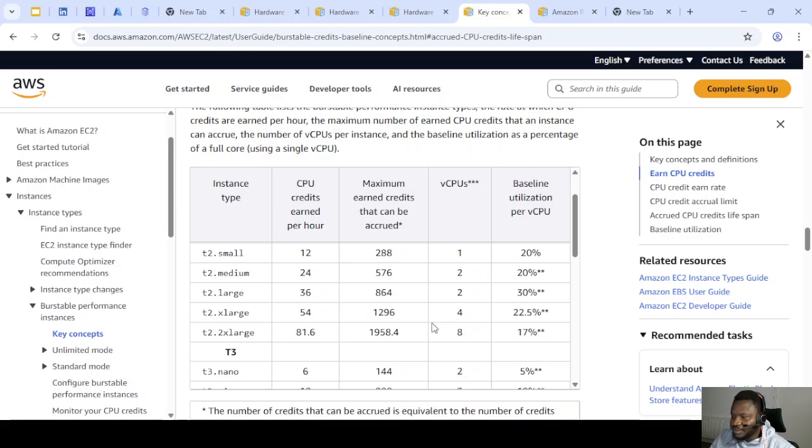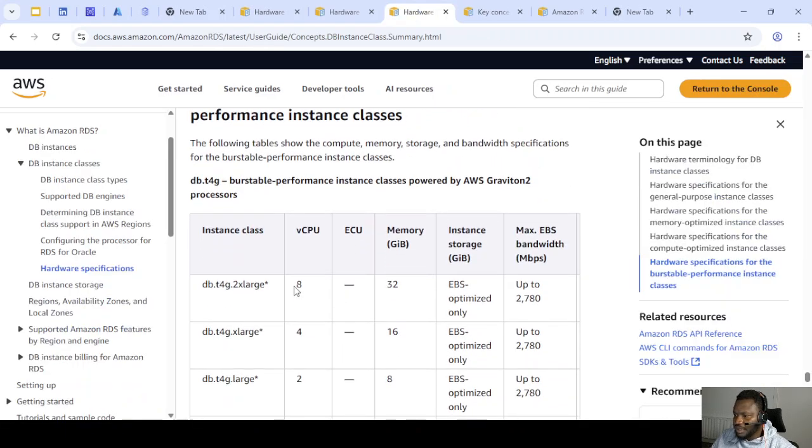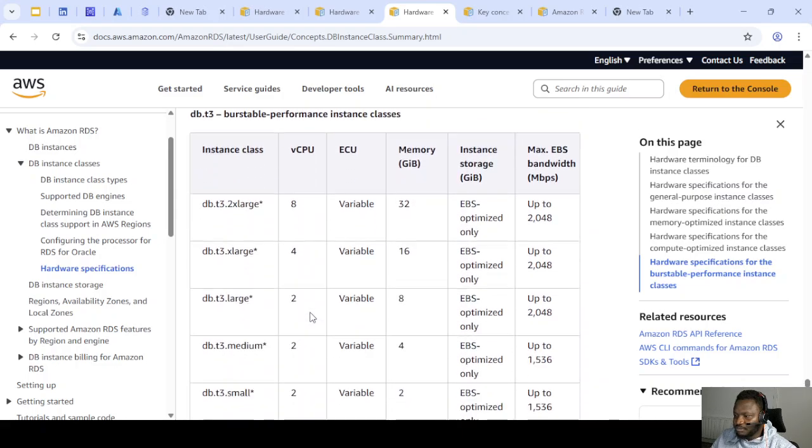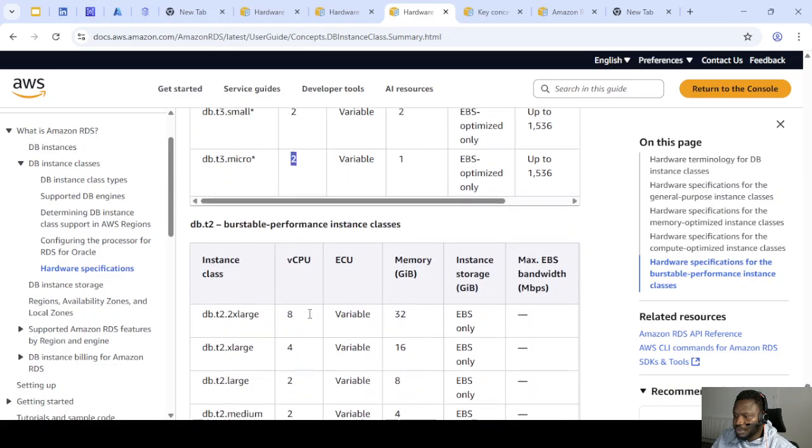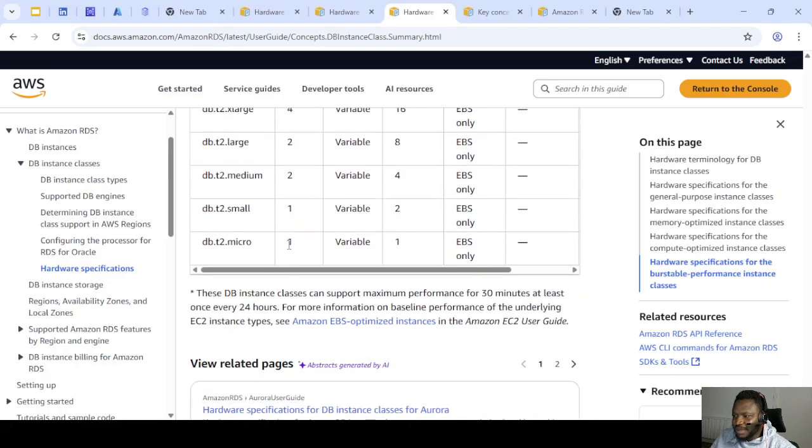If you look at their hardware specifications, some of them have eight vCPUs, some have just two vCPUs, and some even have just one vCPU and just 1 gigabyte of RAM. But a good database administrator who knows what a burstable instance is can actually run his RDS instance using this class, right?